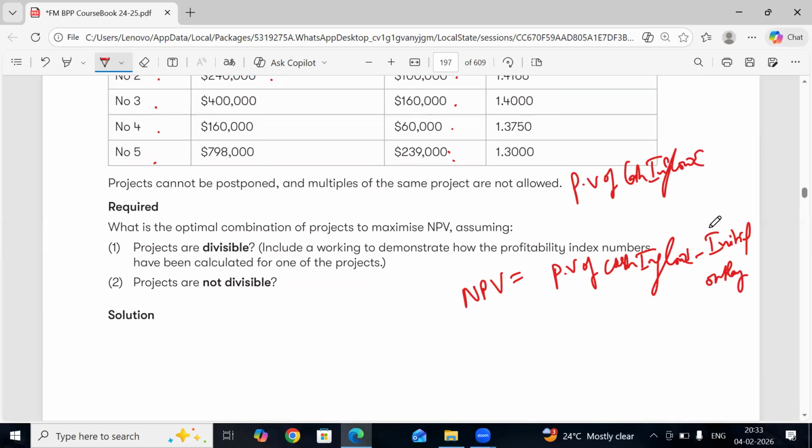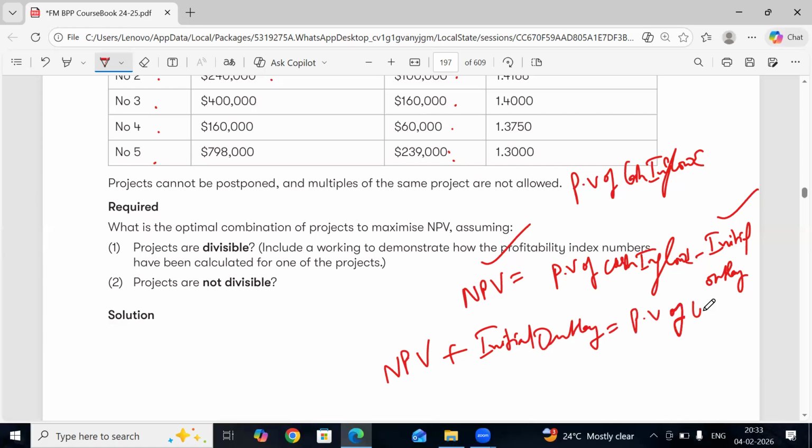Now for you, this is given, this is given. You have to find this. That means NPV plus initial outlay is equal to present value of cash inflows. So, tricky question.